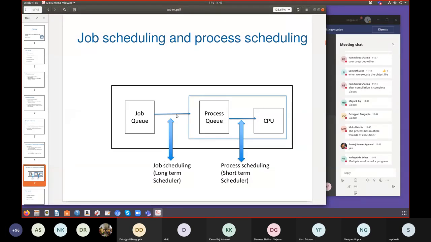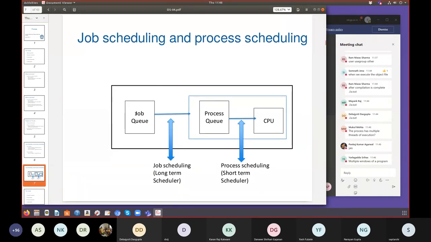The long-term scheduler will pick one of these jobs and will put them in the memory. Right? And so now different jobs are waiting in the memory itself. The short-term scheduler will actually choose one of these processes in the memory and allocate the CPU to it.